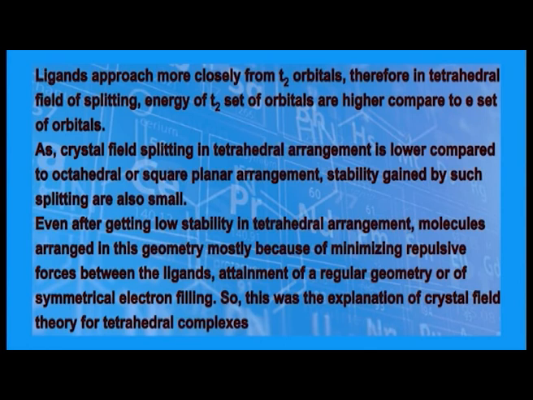As crystal field splitting in tetrahedral arrangement is lower compared to octahedral or square planar arrangement, the stability gained by such splitting is also small.